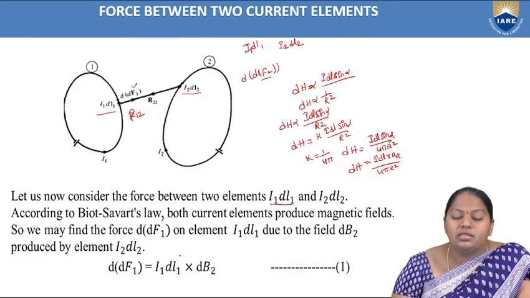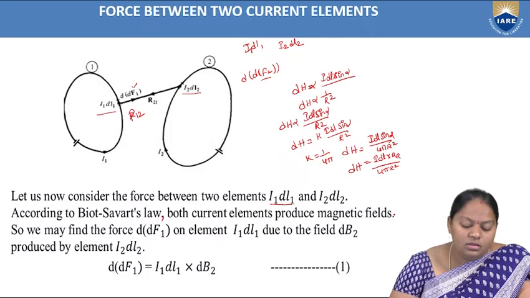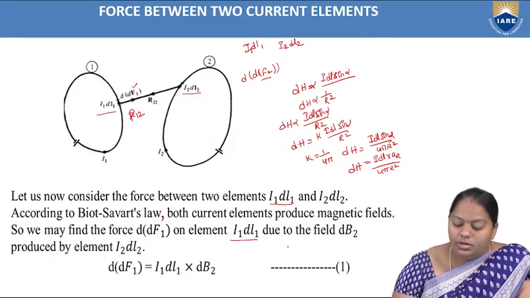Hence, according to the Biot-Savart's law, both the current elements I1 dl1 and I2 dl2 can produce magnetic fields. Then we may find the force, d of dF1, the differentiation of force 1 on the first current element I1 dl1 due to the field dB2.